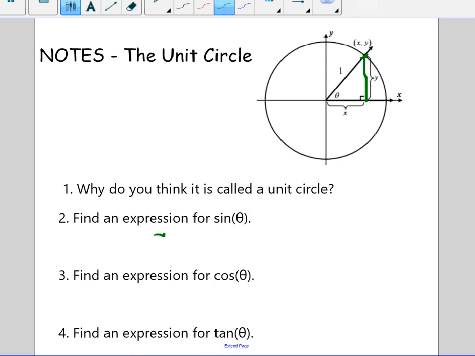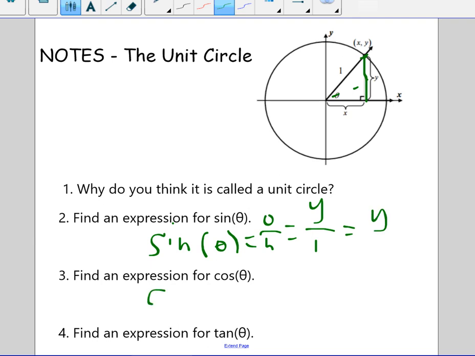So if we're finding the sine of theta on the unit circle, we can say that sine is opposite over hypotenuse. The opposite side of theta is y units long. The hypotenuse is 1, so sine is equal to y.